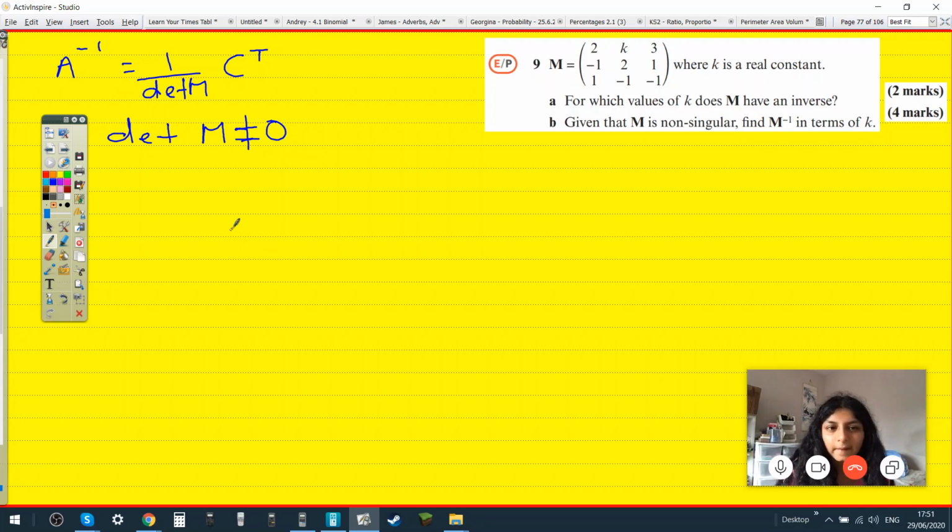So the determinant formula. Okay. Oh, hang on. Would we have to do the whole thing? I don't know. Is there some quick way? You could use the calculator. No, you can't. Never mind. For which values of k does M have an inverse?